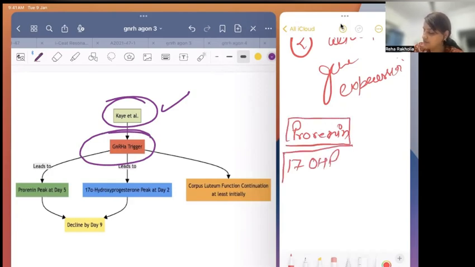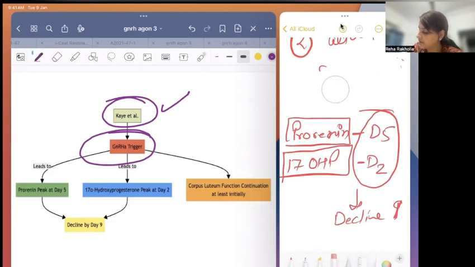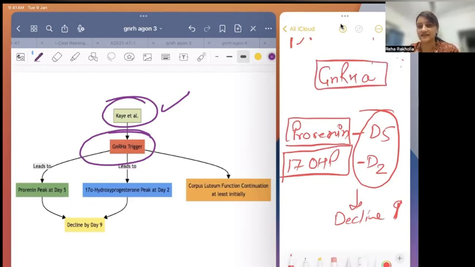These two rise, one at day 2 and one at day 5, but later decline at day 9 when we give GnRH agonist as a trigger.